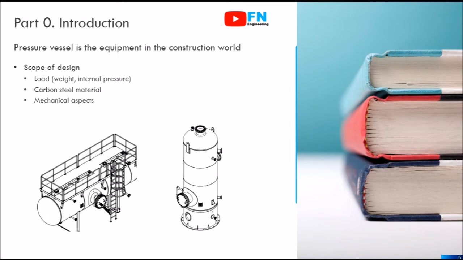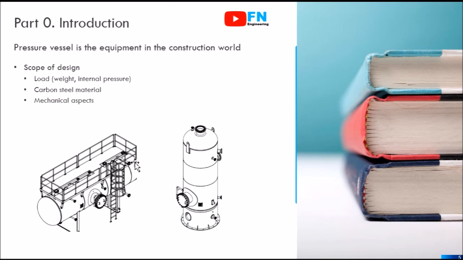Next, there are nozzle, flange, and fitting for the flow of fluid, like for inlet, outlet, draining, venting, and instruments. Next, there are supports for the vessel, like saddle for horizontal vessel, leg for small vertical vessel, and skirt for large vertical vessel. Then there are lifting lug and tailing lug for erection and transportation.